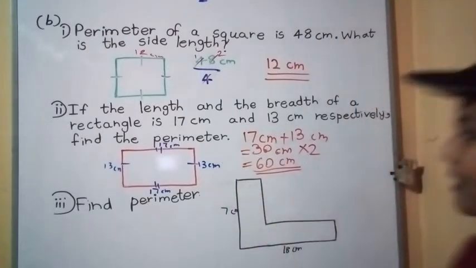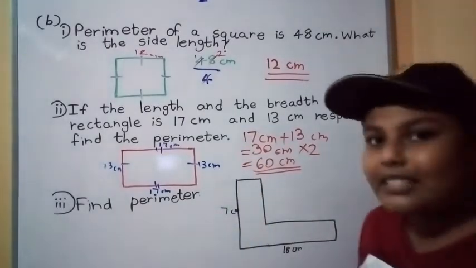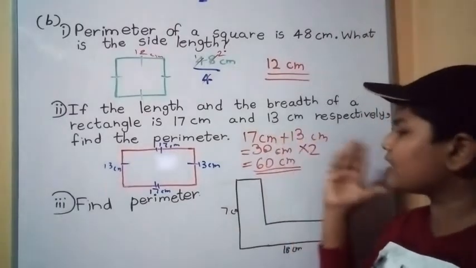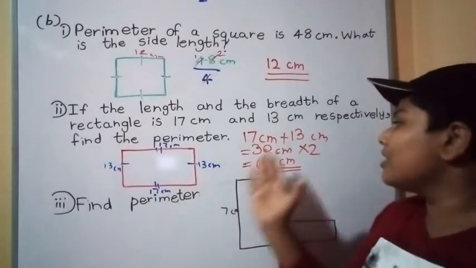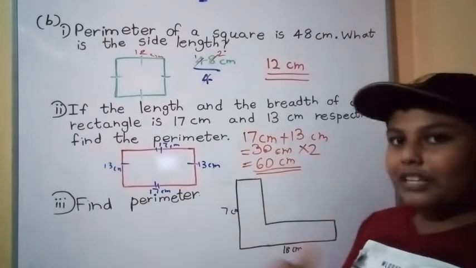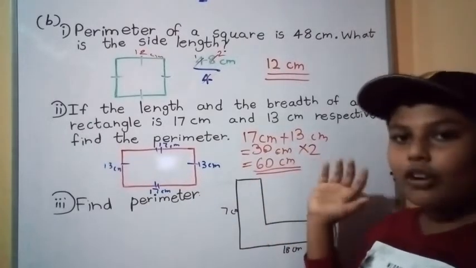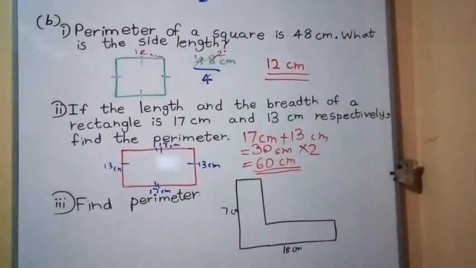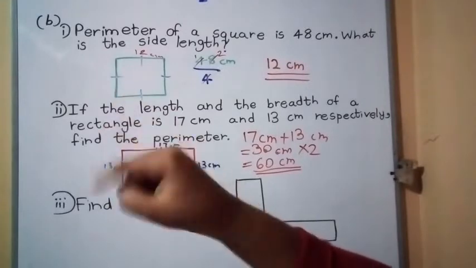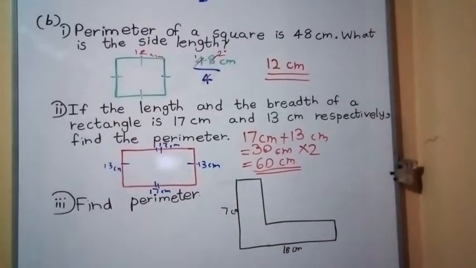Altogether the answer is 60 centimeters. Now this is the easy one. You get 17 plus 13, the answer is 30, and the opposite sides are also there, so you multiply by 2. Now the answer is 60 centimeters.